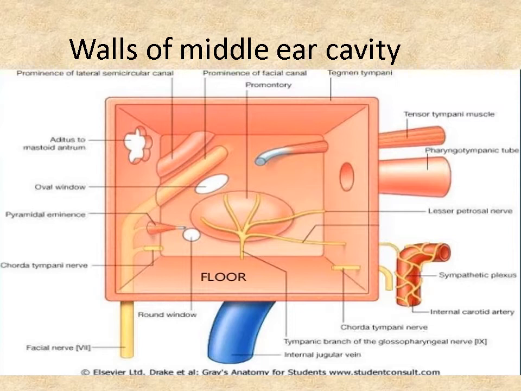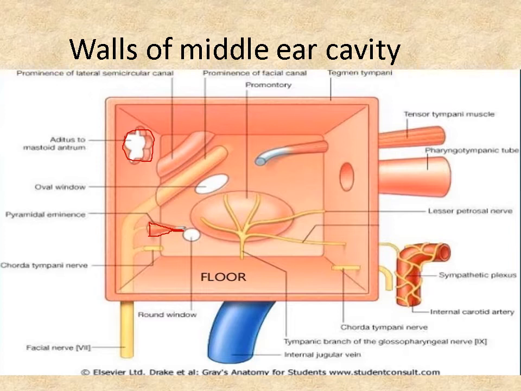What about the posterior wall? The posterior wall has 3 features. The first one is the aditus ad antrum. It connects the attic to the mastoid antrum. The second feature is the pyramid for stapedius muscle, and the stapedius tendon emerges from the tip of this pyramid and ends at the stapes.